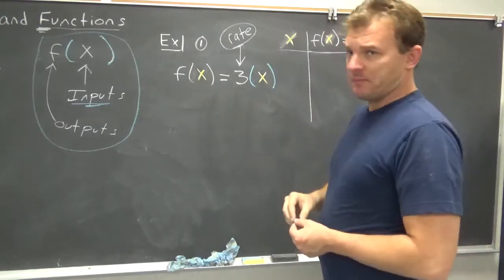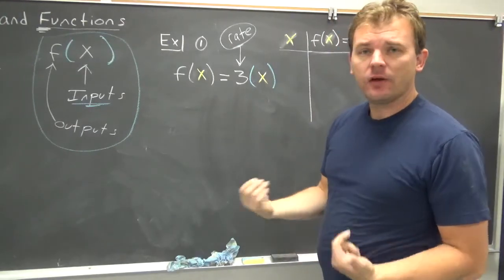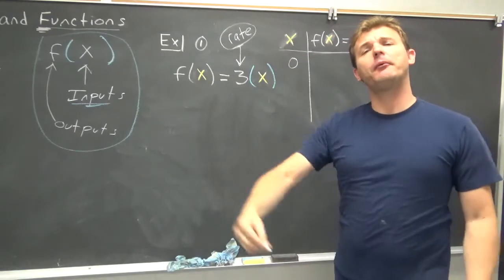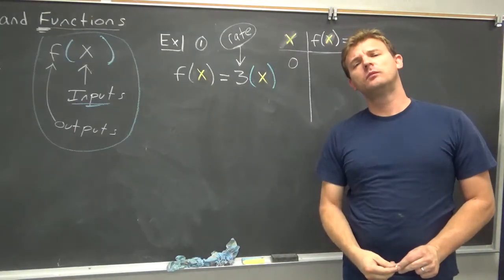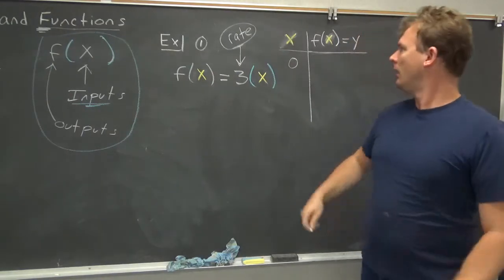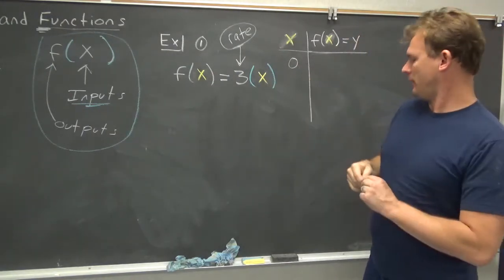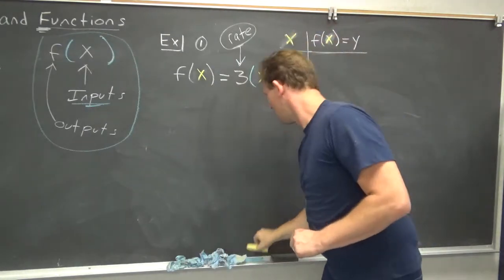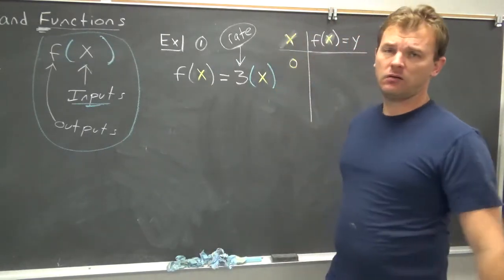So let me ask you something. What if I gave you a number? What if I gave you 0 for our input? What do we do with it? Yeah, we're done. No, we're not done. I gave you something 0.